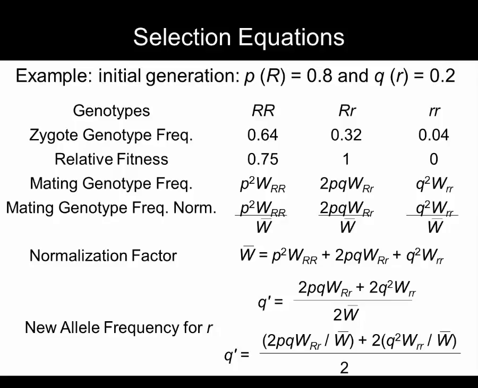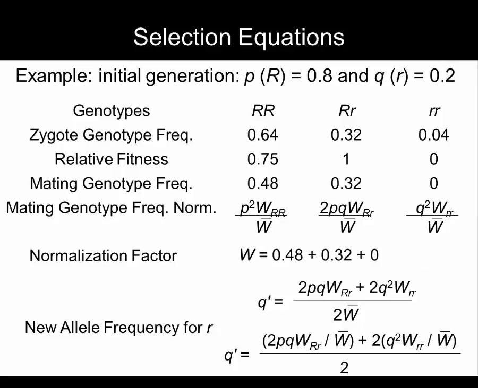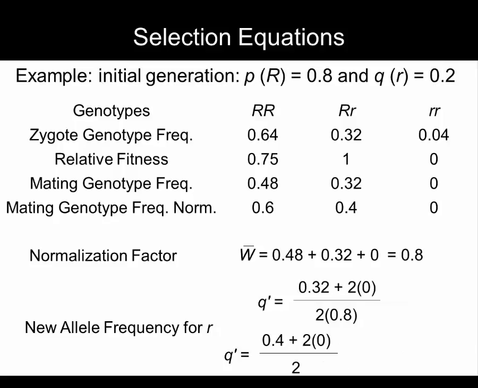Multiply the zygote genotype frequencies by the corresponding fitnesses to get the genotype frequencies of the mating population. 0.48, 0.32, and 0. Sum these frequencies to get a normalization factor of 0.8. Divide the mating population genotype frequencies by this to get the normalized values of 0.6, 0.4, and 0. Then, no matter which way you solve for q prime, you get 0.2.